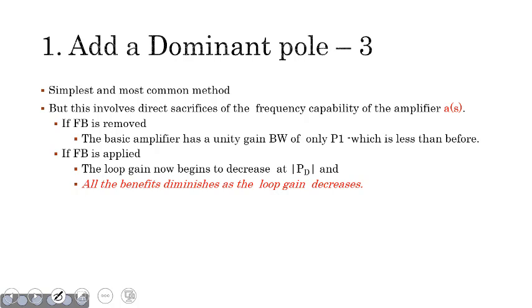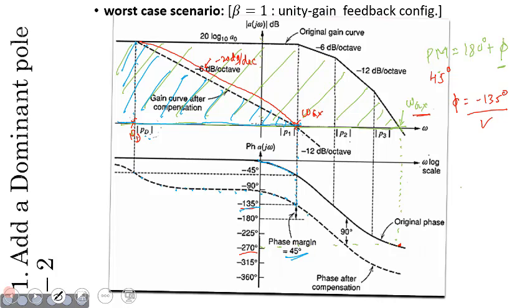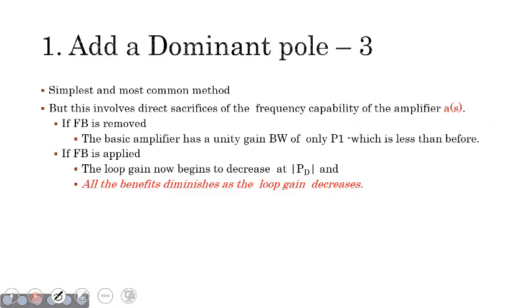Which is much smaller than our previous unity gain bandwidth, correct? So if feedback is applied, the loop gain begins to decrease at omega equals PD. So what is PD here? It is at this particular frequency that the loop gain magnitude starts degrading. That is, all this blue shaded graph represents that, right? So that is what is being commented here.